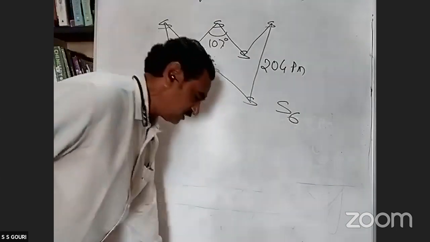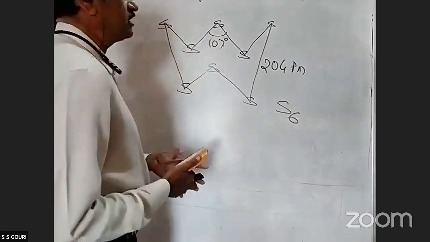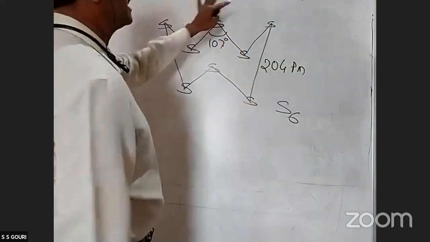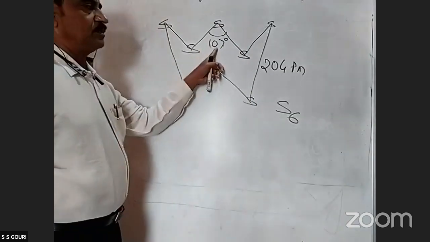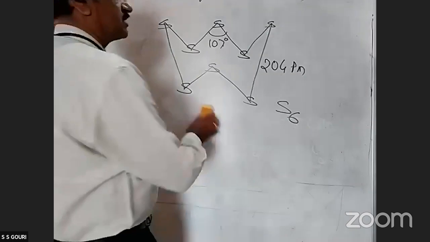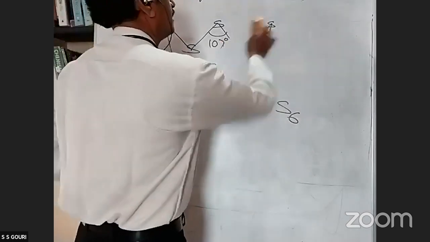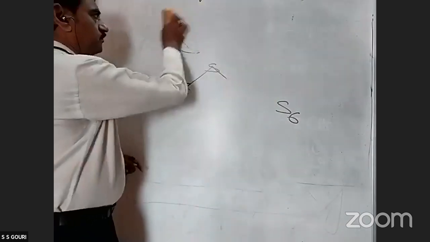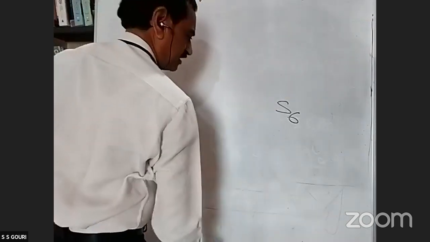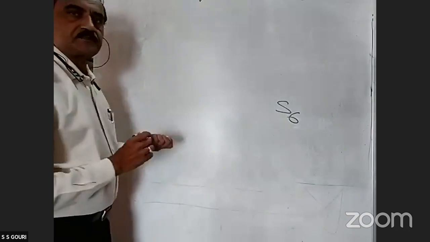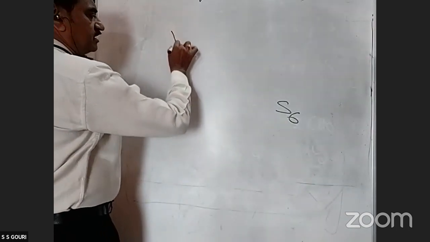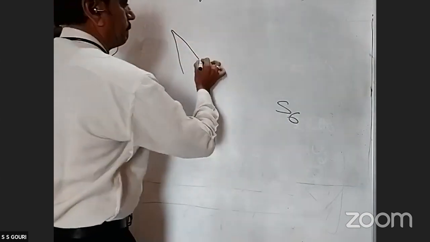Generally you should know that S8 has a crown shape, and you should know the bond angle and bond length. In a very exceptional case, the other allotrope of sulfur, monoclinic sulfur, can exist as S6. And this S6 has this type of structure.